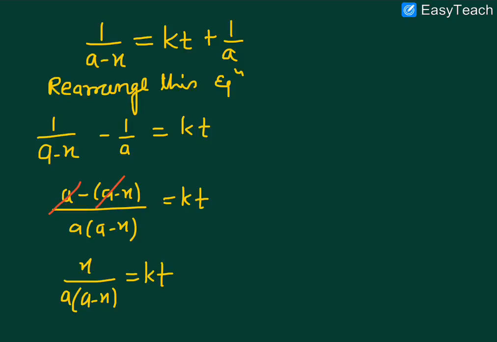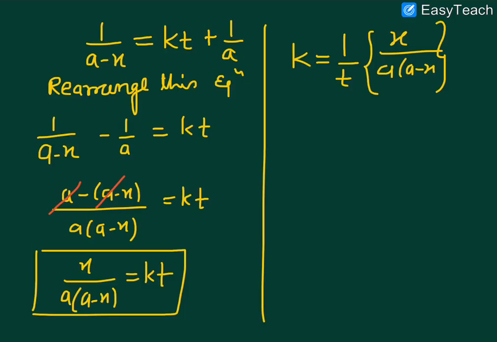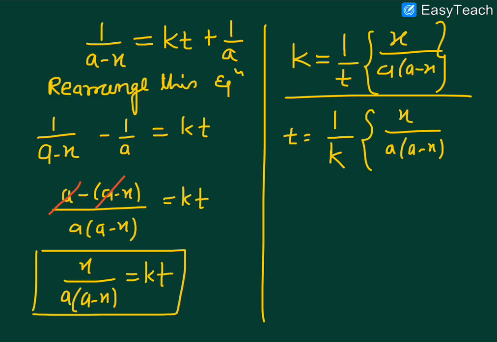Okay, this is the final equation, where we can calculate the value of k from k is equal to 1 upon t into x upon a minus x. Or we can say t is equal to 1 upon k into x upon a minus x.